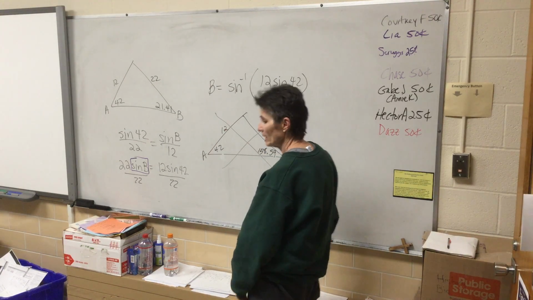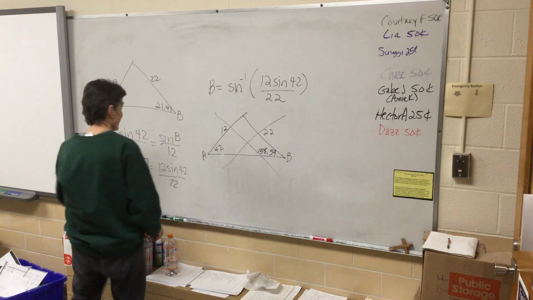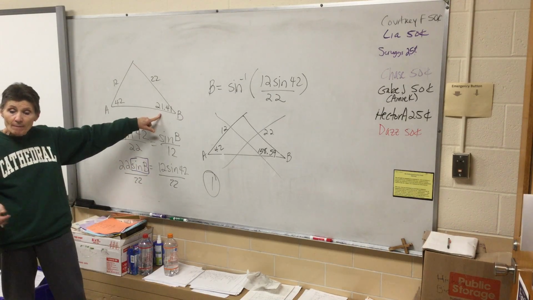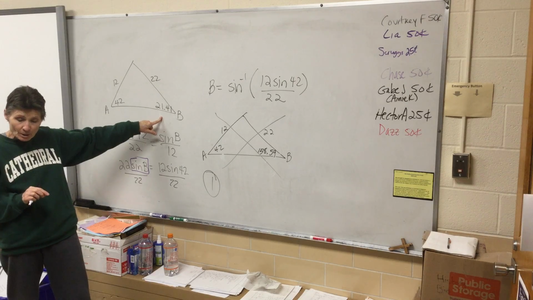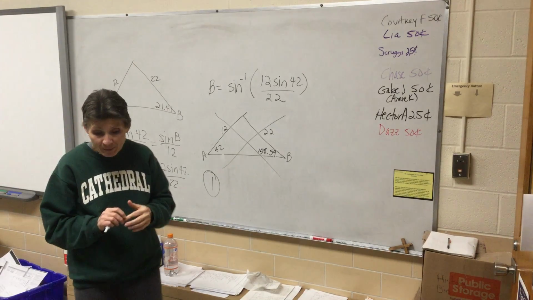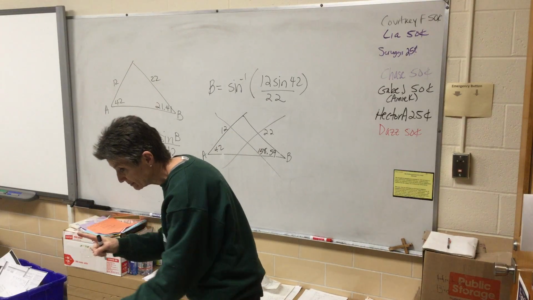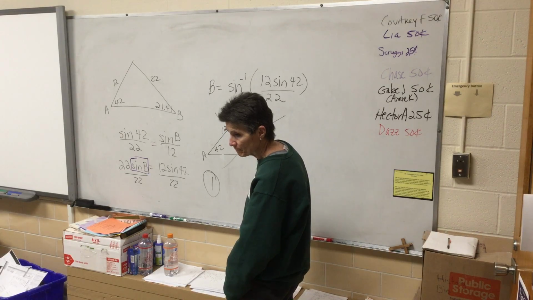Exactly. It's over 180. So this triangle, this information, has one possible answer. The first answer you got on your calculator. The direction said how many triangles are possible. There's one. Because the second one didn't work.